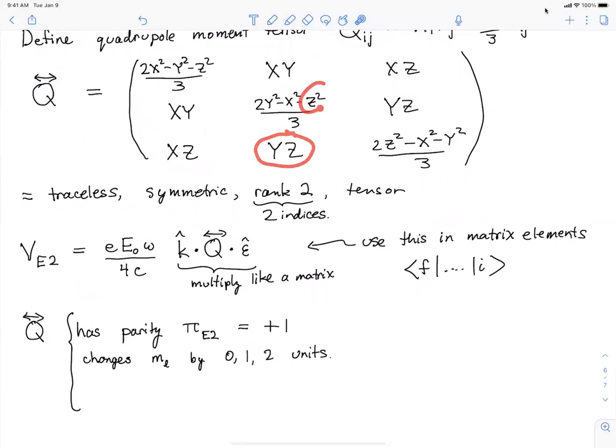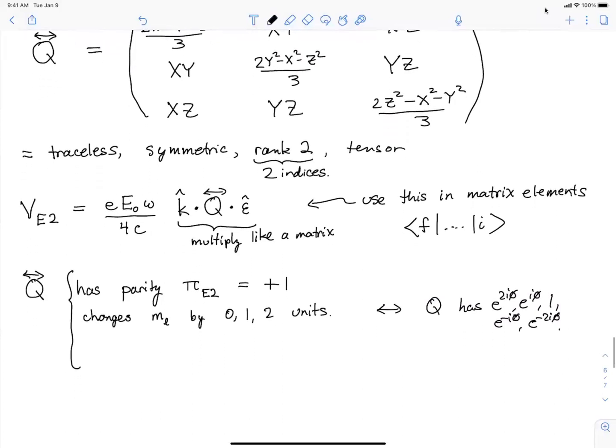So no matter what combination I look at in there, at the most, it's going to have an e to the 2 I phi or e to the minus 2 I phi. And so when I do the integral, I'm going to get 0 unless the initial and final states match that. So this is just because Q has e to the 2 I phi's, e to the I phi's, 1's, e to the minus I phi's, and e to the minus 2 I phi's.